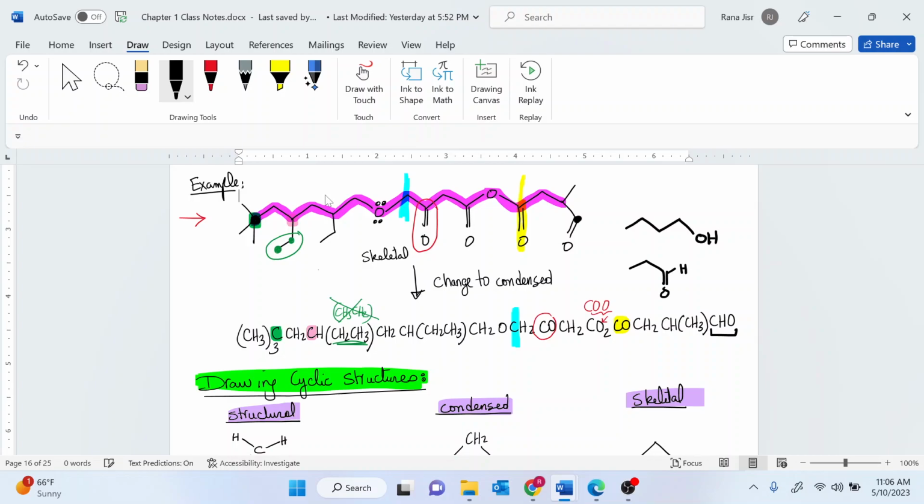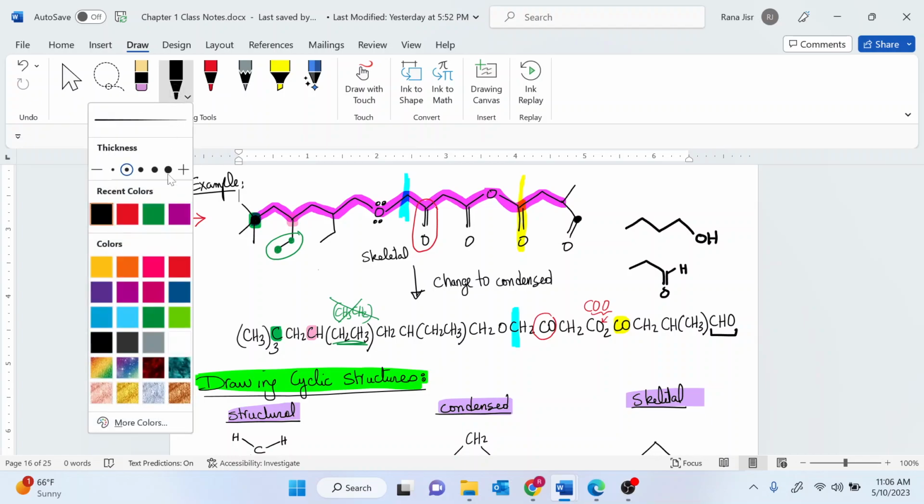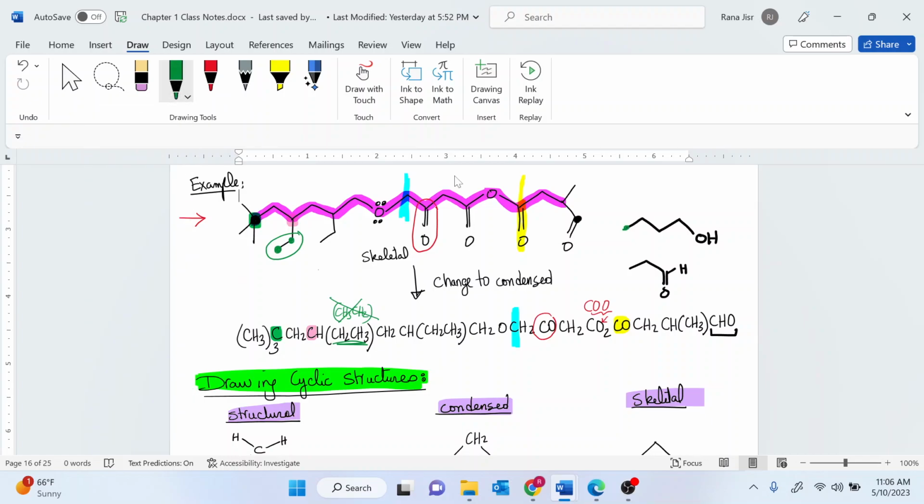There's a big difference in here. So if I want to draw the condensed structure of the alcohol, there's going to be a CH3, a CH2, and I have two of those, actually three, and then I'm going to end up having my OH in there.